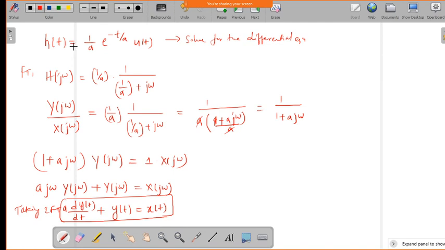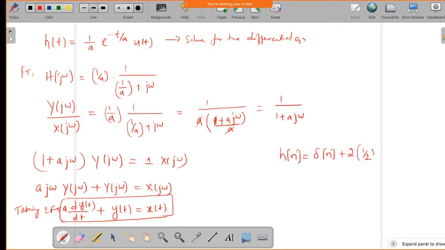Now for the difference equation, I'll just give the h of n, and you try to obtain the difference equation on your own. Try to solve it and you can get the answer. If you don't get it, you can ask.